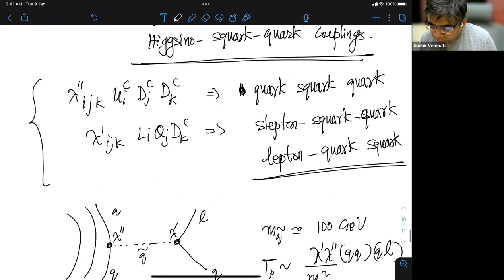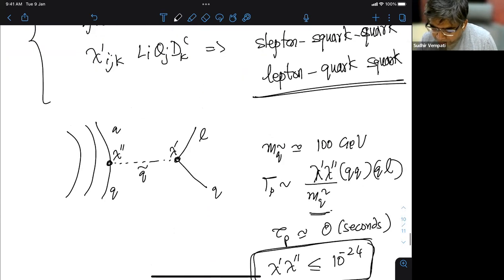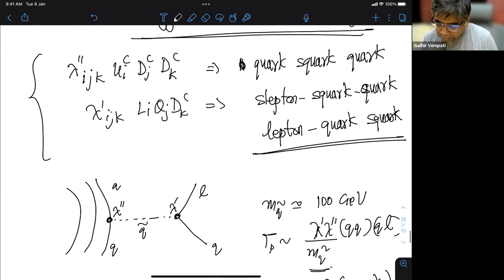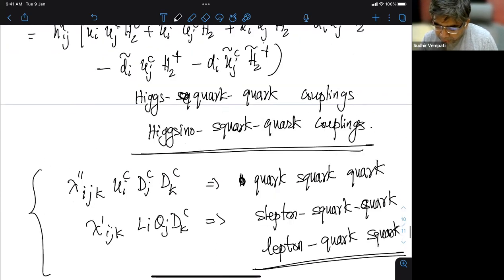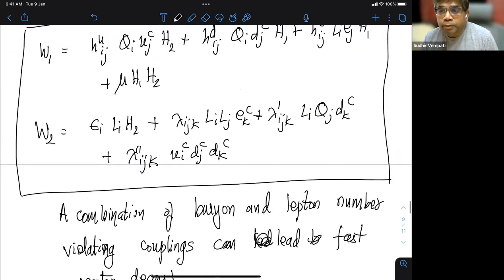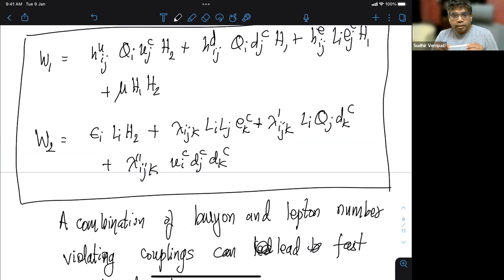The essential point here is that if you just write W1 and W2, which are gauge invariant interactions in the MSSM, W2 contains terms which are highly dangerous.